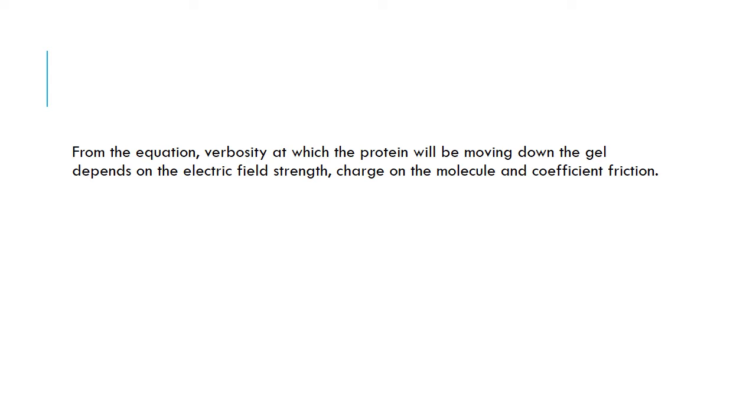Is it A, electric field strength, B, charge on the molecule, C, coefficient of friction, or D, none of the above? Obviously we are going to go for the last option, which is D, because we've learned that all these affect the velocity. So once the question is which do not affect, it means there is no correct answer among the first three.